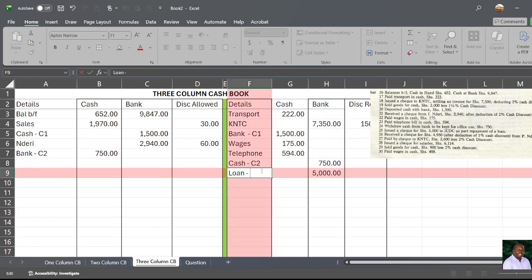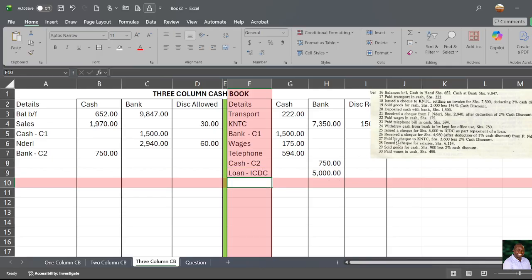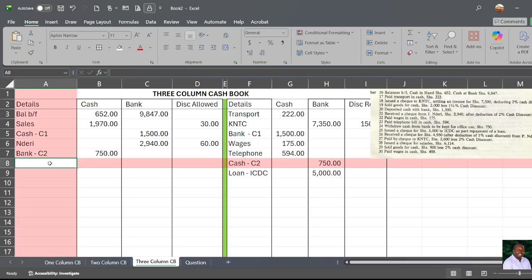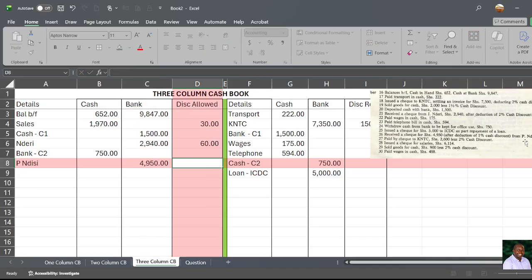That loan was being paid to ICDC. Then we are told he received a check from PNDC of 4,950, after deducting 1% cash discount.